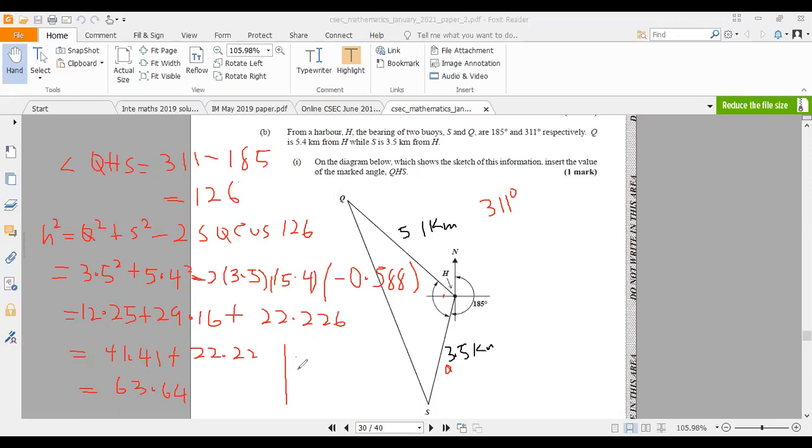The square root of 63.64. What do I get? 7.98 kilometers.